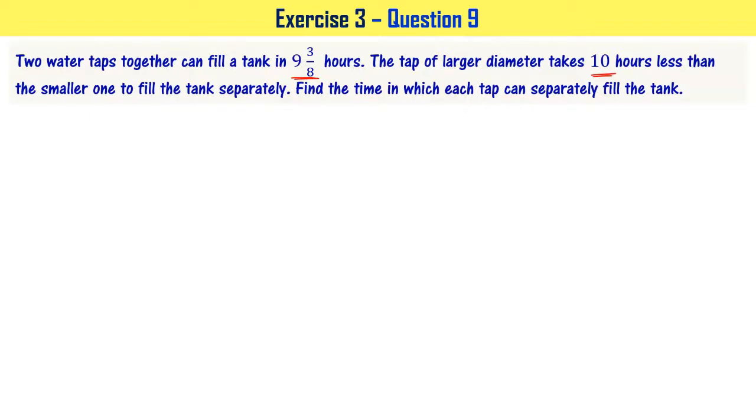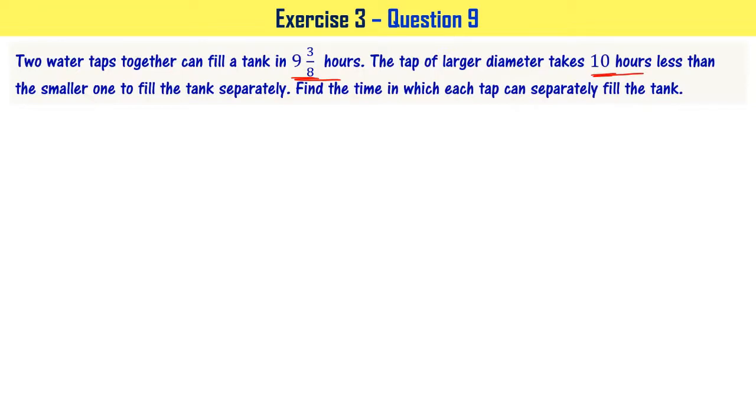Now we are asked to find the time in which each tap can separately fill the tank. In this problem statement, all the things they talked about are time, right? Here it is 9 3/8 hours, and here 10 hours less.